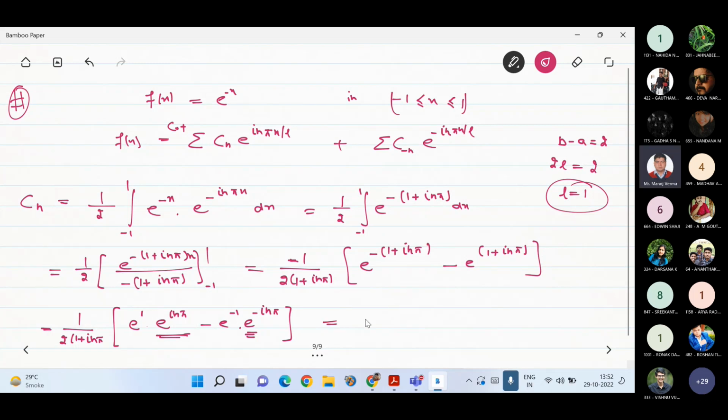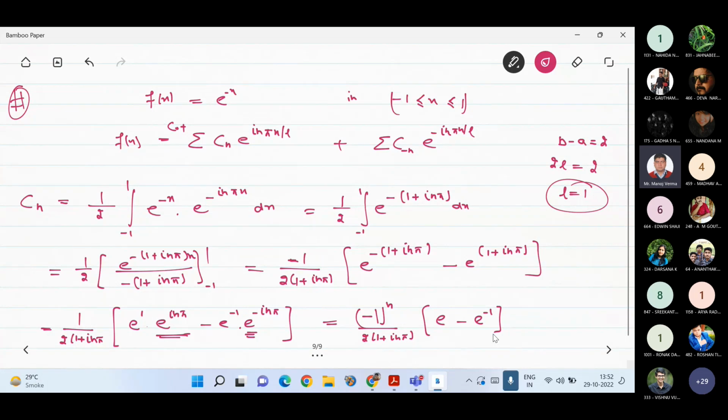So this will simplify to 1 over 2 times 1 plus iota n pi, e raised to the power, okay, e into -1 raised to the power n. Okay, -1 raised to the power n also I can take outside. So it will become -1 raised to the power n, and it will become e minus 1.